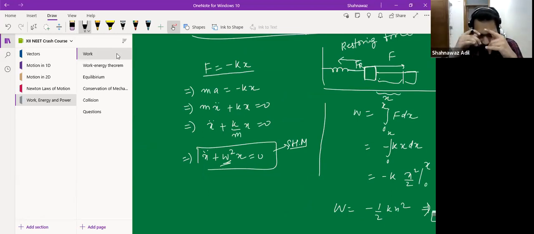So up to this point, we have learned the work done by some forces, and then we saw the kinetic energy of a system.